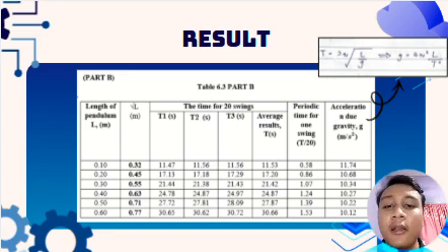And lastly, we need to find the acceleration due to gravity, which is g, by using the formula T equals 2 pi square root of L over g, or we can simplify the formula to g equals 4 pi squared L over T squared.